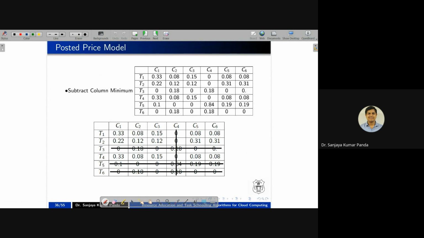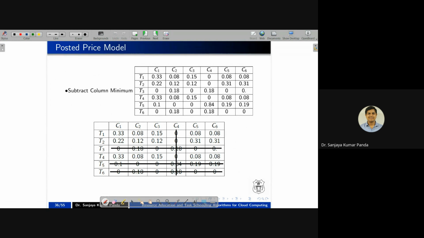Once you find the row minimum and column minimum, you have to see the minimum number of lines required to cover all zeros. You can see there are so many zeros in this matrix, right? Just like a sparse matrix has so many zeros. So you have to cover these zeros with the minimum number of lines, not the maximum number of lines.